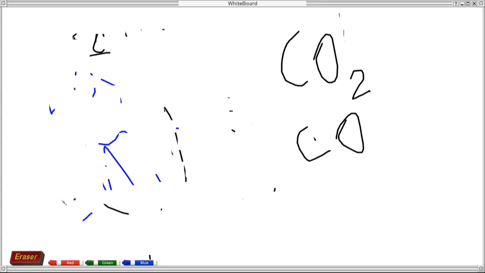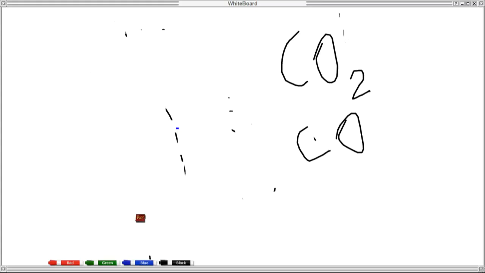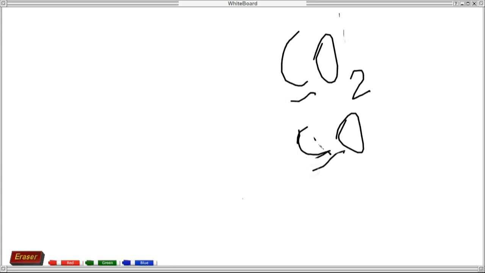It all depends on the balance of either substance that you're reacting with the diamond. Okay, remember carbon comes from the diamond.